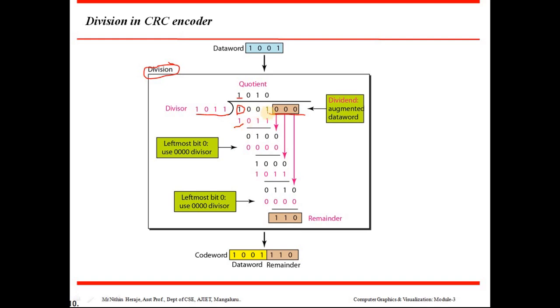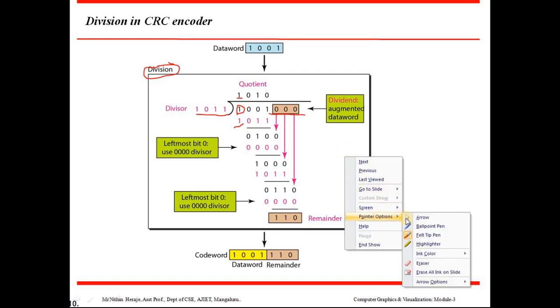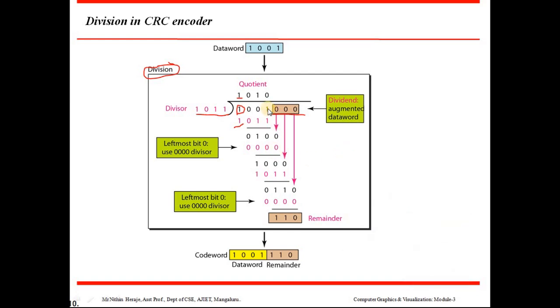Okay, so now here you have this 1 1, so XOR of 1 1 is 0. Next we have 0 1, XOR is 1, 0 0 is 1, and this leftmost bit is eliminated. Okay, so we'll have 3 bits now.